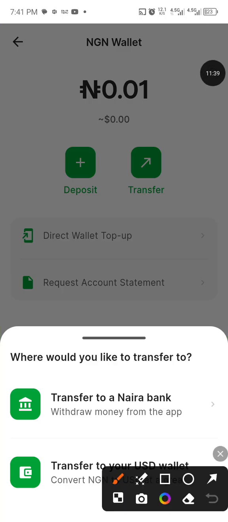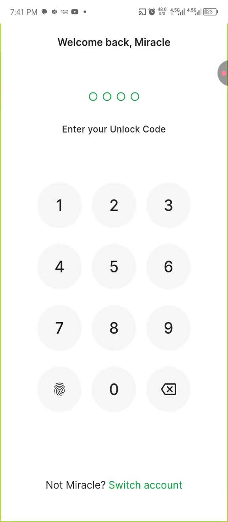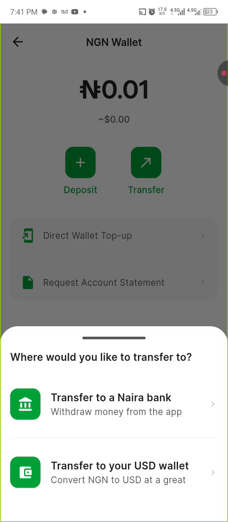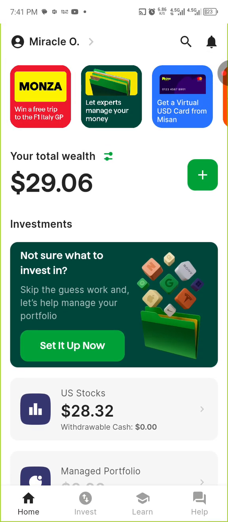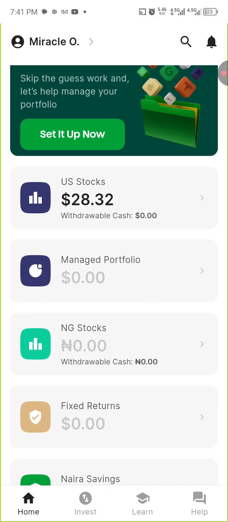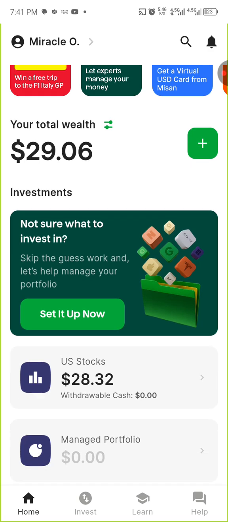After you must have bought, you can now transfer from your Nigerian bank to your USD bank. Very, very easy. You can do the transfer later on, okay? That is if you cannot buy the dollars straight up, and it will just show your stocks. So how do you now manage your portfolio?